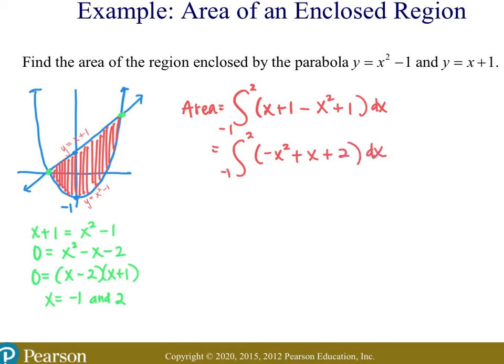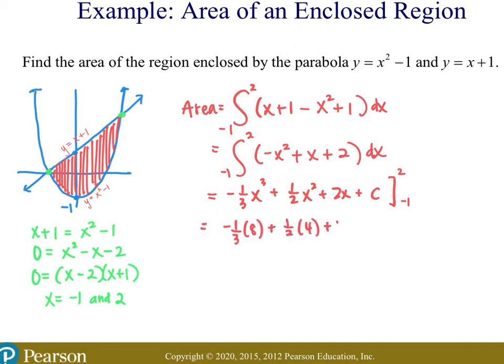And then relative to the x-axis. So we'll take our antiderivative, -1/3 x cubed plus 1/2 x squared plus 2x plus c, going from -1 to 2. So that's -1/3 of 8 plus 1/2 of 4 plus 4.